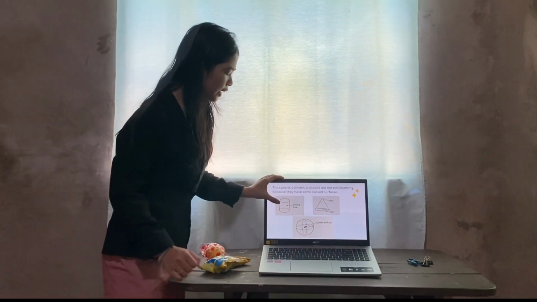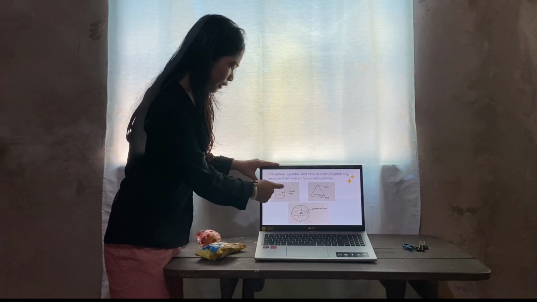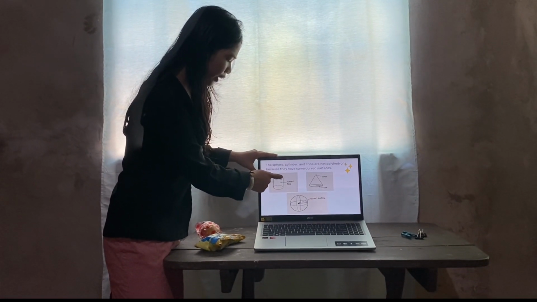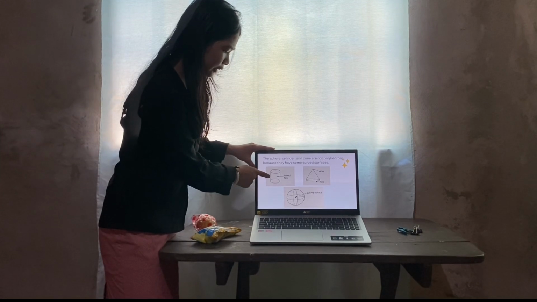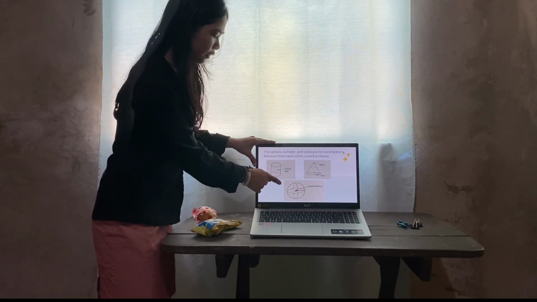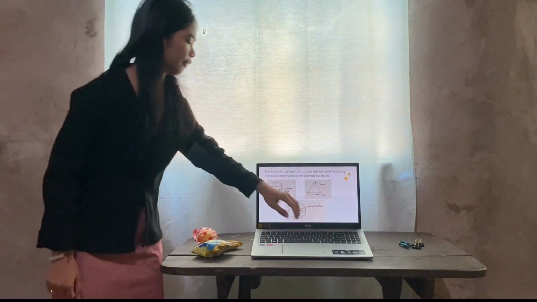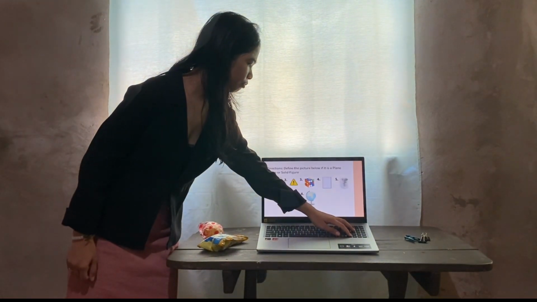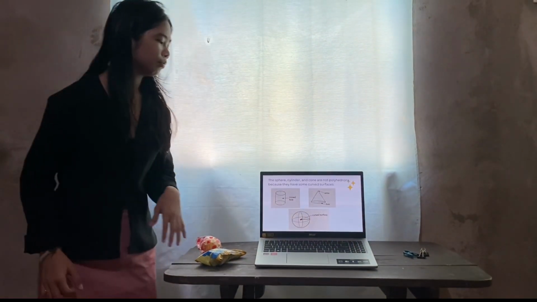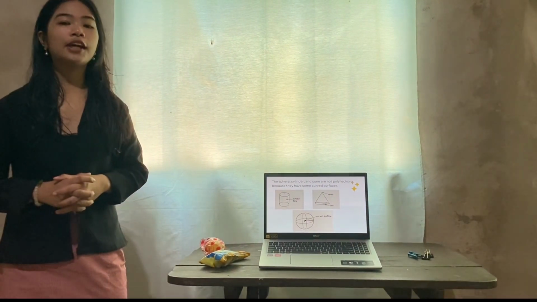Because as you can see here, they have curved surfaces like this and this one. So do you have any questions?